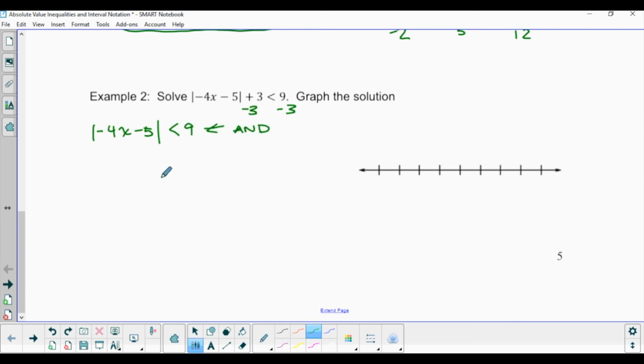In an and inequality, you put the expression in the middle. Negative 4x minus 5 has to be less than 9, but it has to be greater than negative 9. If you're thinking about it, an and inequality always gives you a segment.